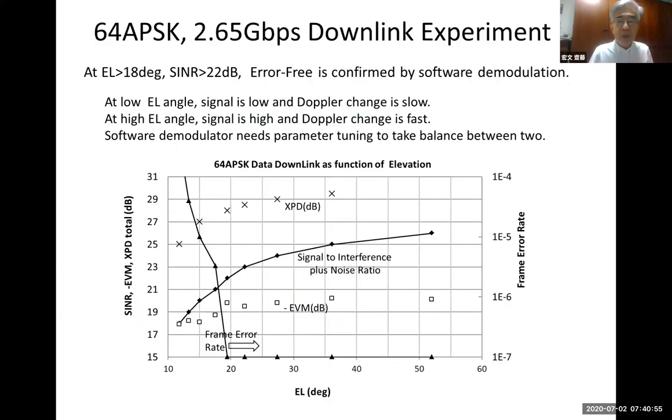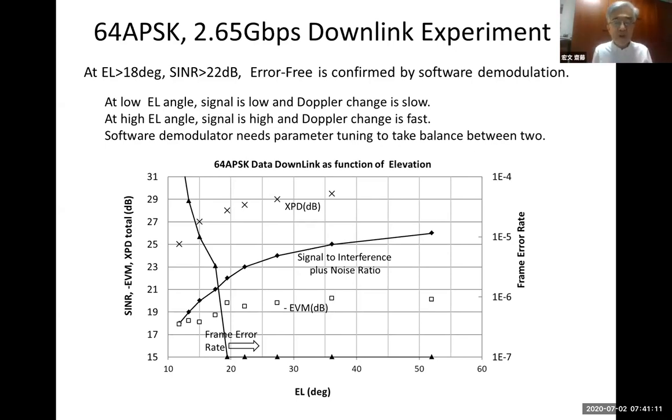This slide shows the 64 APSK bitrate is 2.65 gigabps downlink experiment. This graph is as a function of elevation angle.